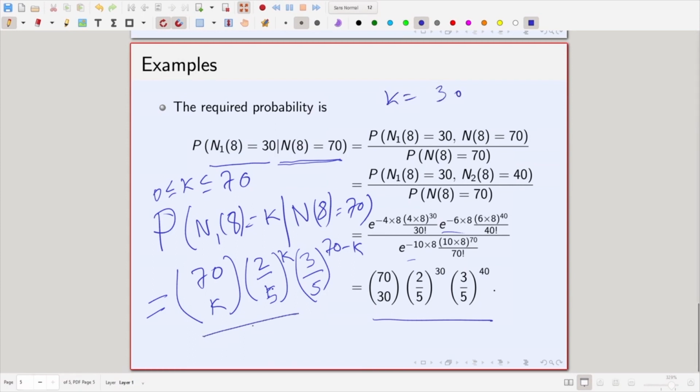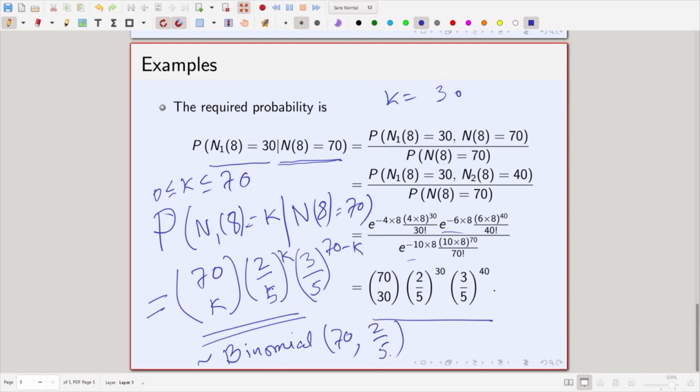Fine. Now, you can easily recognize this formula. This is precisely the PMF of the binomial. So, given that N8 equals 70, N18 has the same distribution as binomial 70 with success probability 2 by 5.